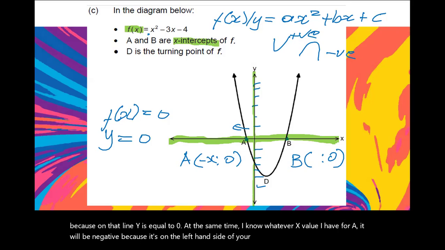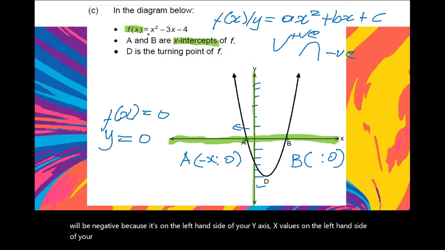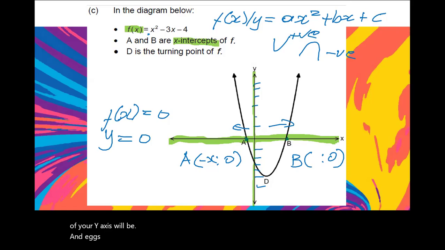X values on the left-hand side of your y-axis will be negative, and x values on the right-hand side of your y-axis will be positive. Is it clear?